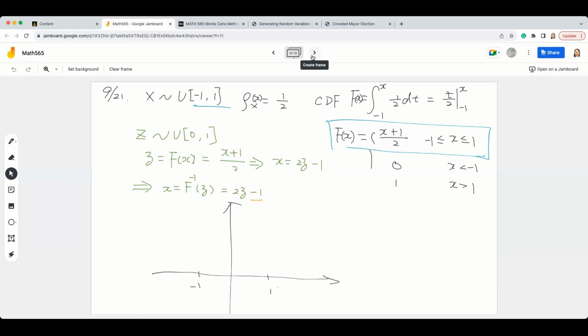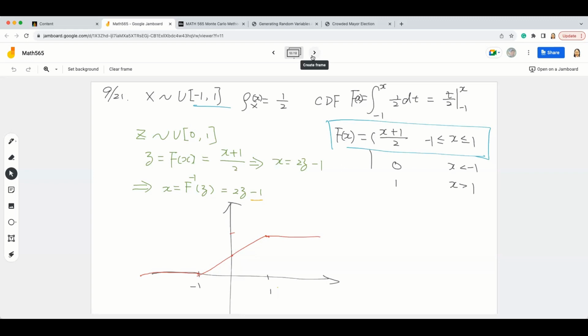The cumulative distribution function goes from somewhere here up to 1 here, and the slope is 1/2, so it's x over 2 plus 1/2. You start from here and connect this. When x is 0, this will be 1/2.